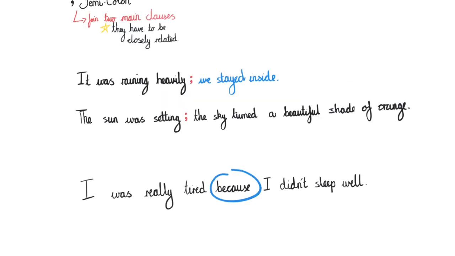So, to sum up that little bit, semicolons are used to join two main clauses together, but those two main clauses have to be closely related. We also don't use semicolons with conjunctions. If anything, they replace a conjunction or they replace a full stop. Now, it can be really easy to keep throwing in semicolons everywhere, but sometimes a conjunction is just better. So you've got to see what fits the best.